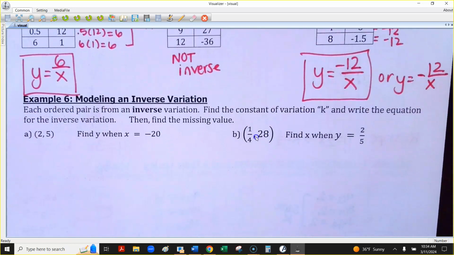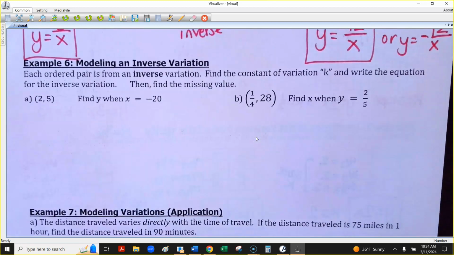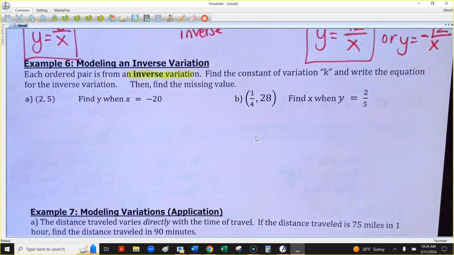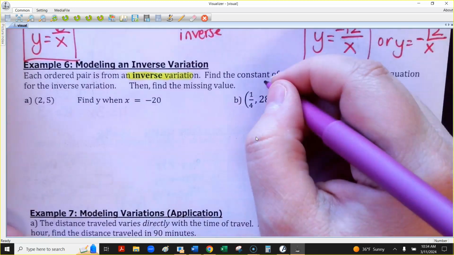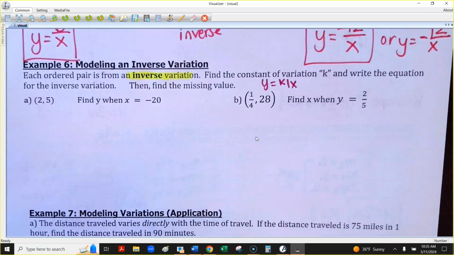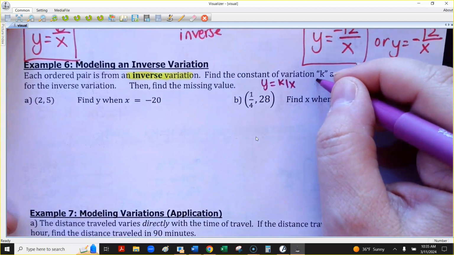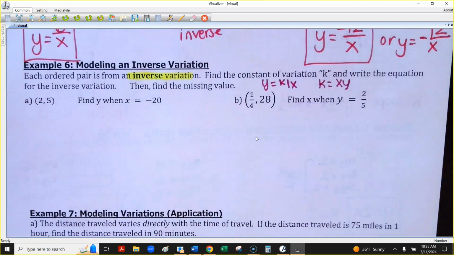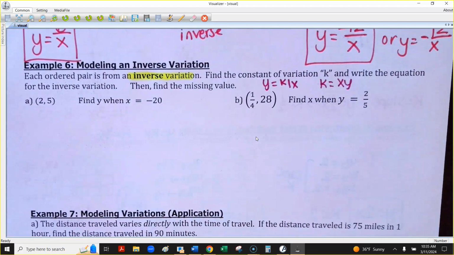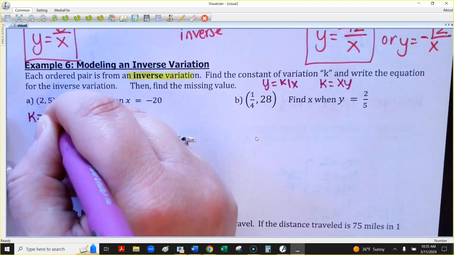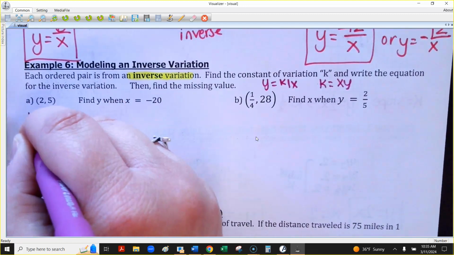So if they give you an ordered pair, and it says this is an inverse variation, automatically I'm going to know that y equals k over x. So in this situation, if I need to find the constant of variation, it should be the x-coordinate times the y-coordinate. So if they give me a point, which they do here, the k value should just be the x-coordinate times the y-coordinate, which would be 10.